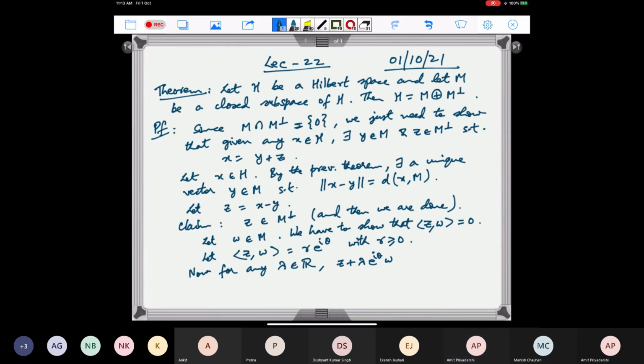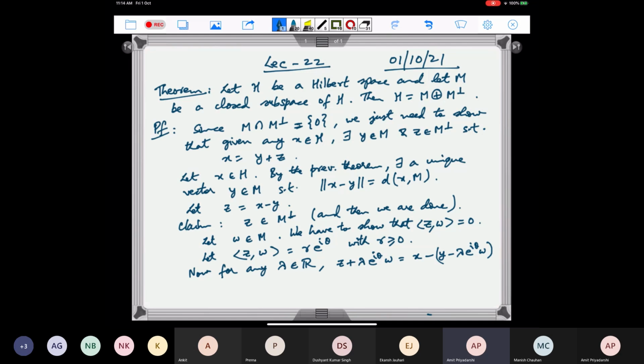z was equal to x minus y. So this is equal to x minus y minus lambda e to the i theta w. Now this w is in M, so any scalar multiple is also in M, since M is a subspace.